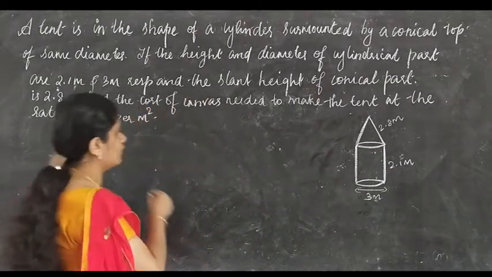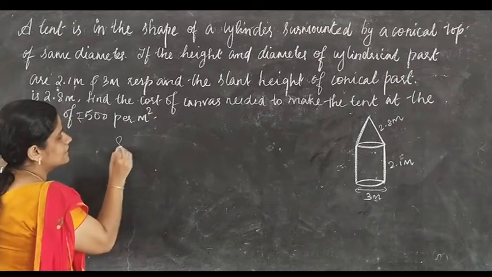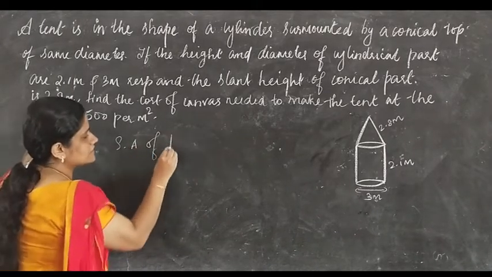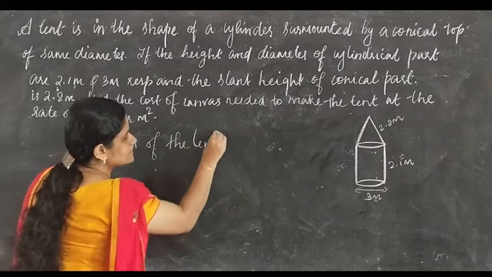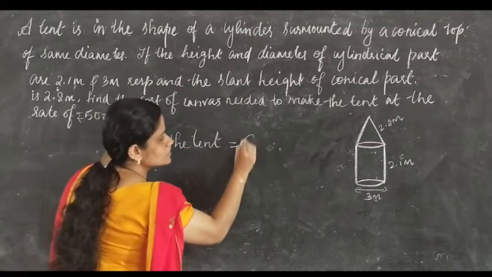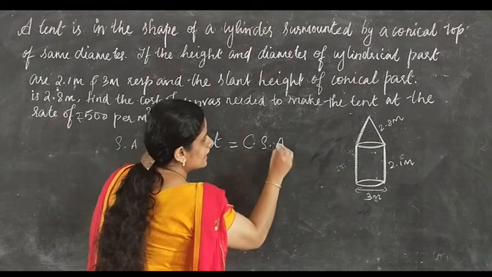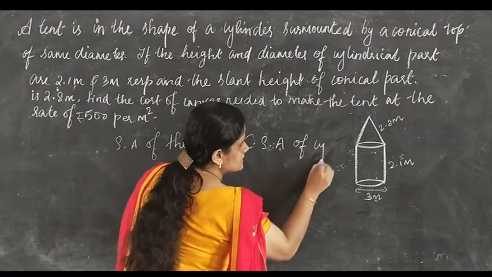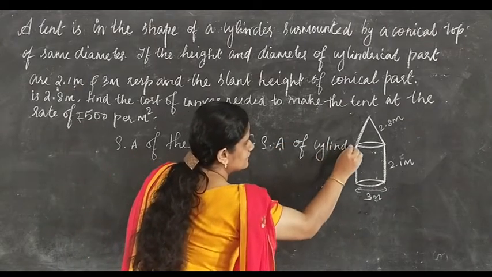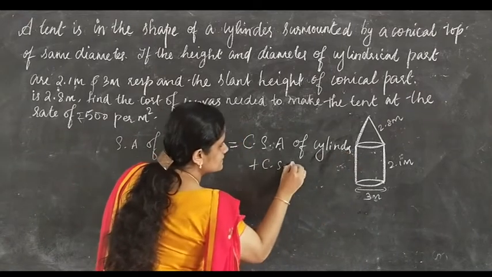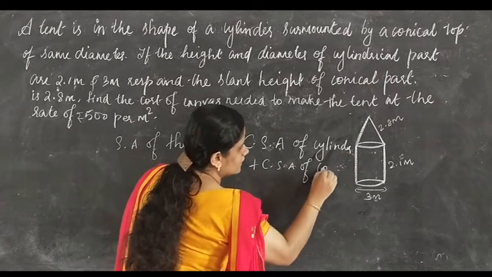Okay. So first of all, what you need is the surface area of the tent. Surface area of the tent is equal to CSA of cylinder plus CSA of cone.